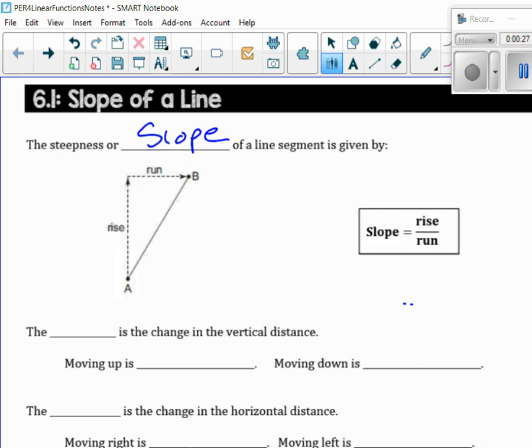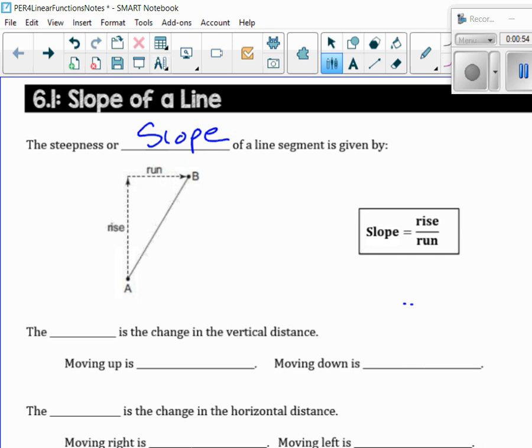And what do you think run has to do with? X. Does this ring a bell similar to something we just did? Rate of change, yes. In applications, we talk about rate of change. In pre-cal, we talk about the slope, because we're looking at slope of lines all the time. So slope is rise divided by run.